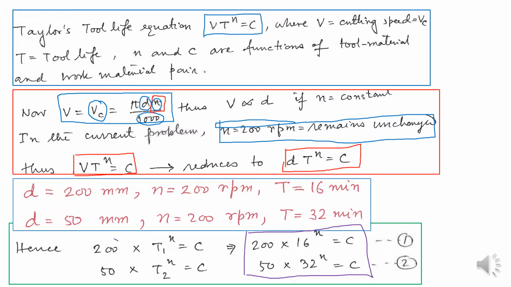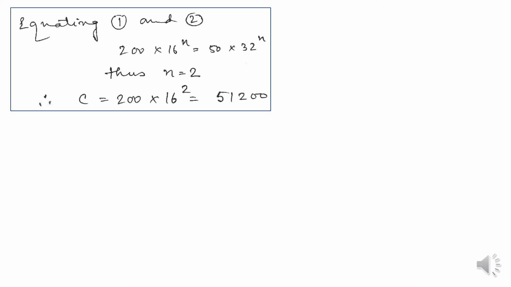You plug in 200 and 50, and corresponding to 200 the tool life is 16 minutes, and corresponding to 50 the tool life is 32 minutes. Next, you have to solve for n and C. That is not very difficult. Equating 1 and 2, you can get the value of n. n comes out to be 2, and C comes out to be 51,200.